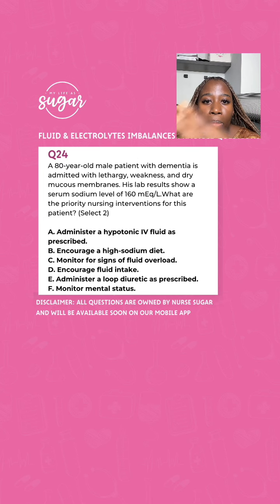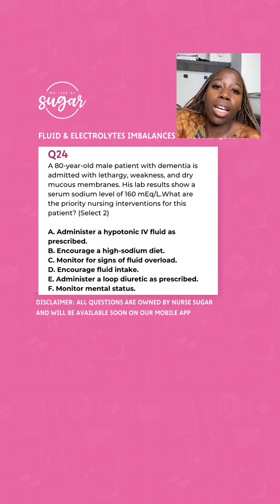So even though their mental status is very important, this is a chronic disease for them. So it wouldn't be priority over saying, hey, this 80-year-old patient has dementia, let me get them a cup of water and encourage them to take this water. Hey, ma'am. Or is this sir? Hey, sir. I have this bottle of water. Would you like to take a sip?